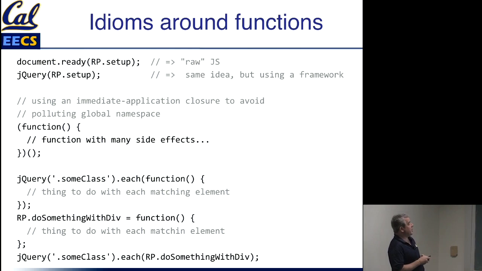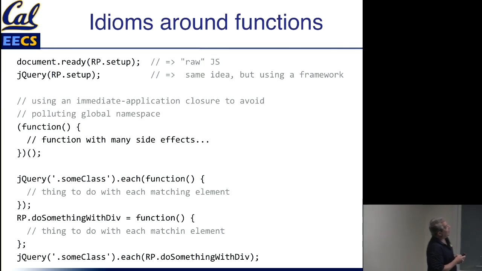Remember that if there's no qualifier in front of a name, it's assumed to be this, and in the global scope, this is the global object. So I could have also written the first line as this.document.ready or window.document.ready, because for a browser, the global object is a thing representing the browser window.